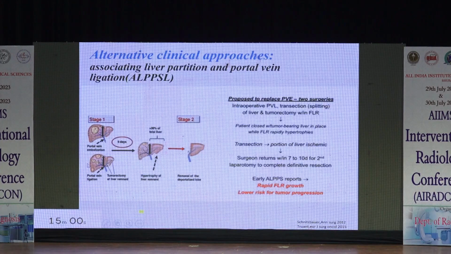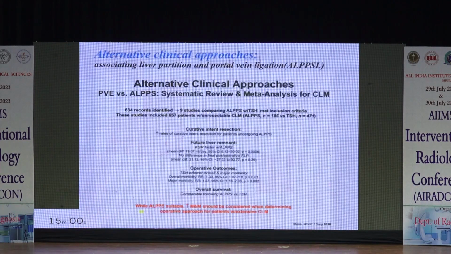But in reality, the indication for doing ALPPS as of today is very debatable and very subjective. Centers that do routine ALPPS will just do portal vein embolization, and if there is no adequate FLR, they'll go and do an ALPPS. The Western data favors ALPPS a lot, because in the West there is a lot of colorectal liver metastasis, in which ALPPS is much more indicated compared to HCC and hilar cholangiocarcinomas.